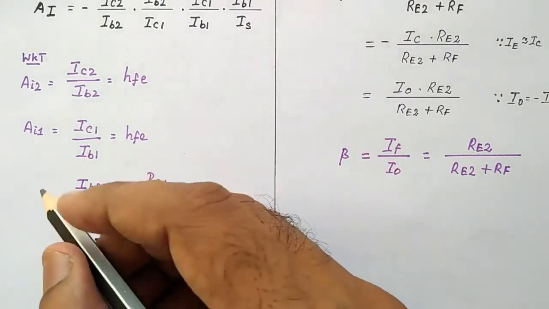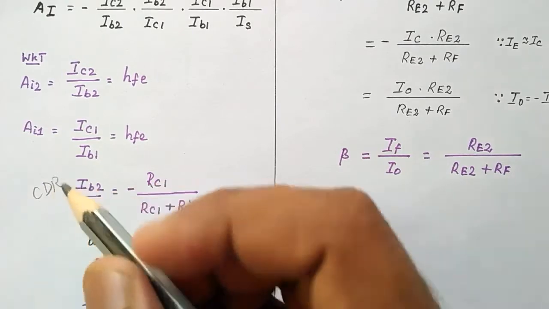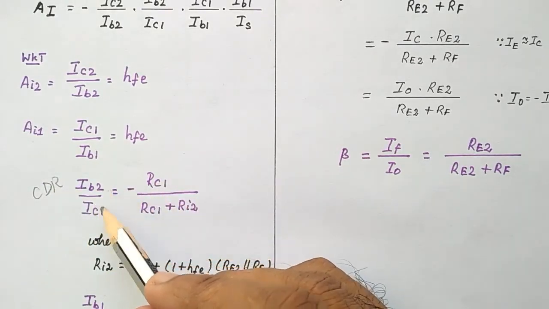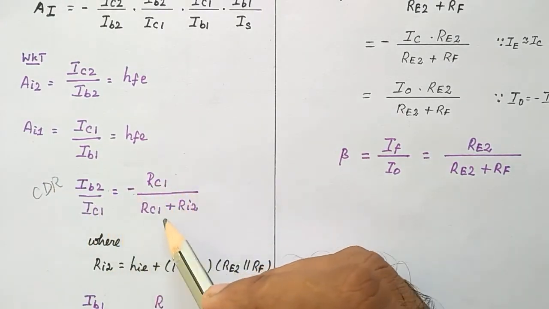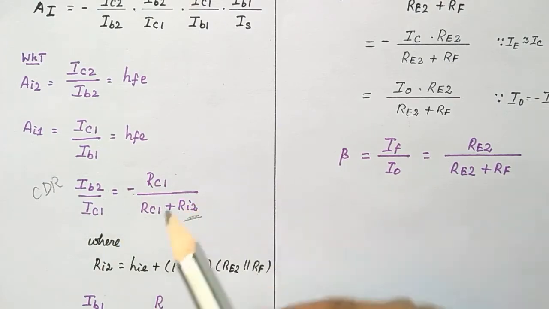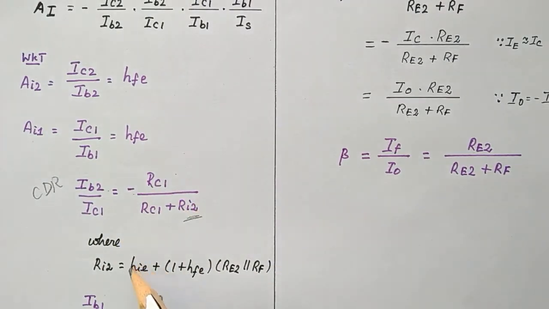So using the current divider rule, we can write IB2 by IC1 is equal to minus RC1 by RC1 plus RI2. So the RI2 is nothing but the internal input resistance of the second transistor, plus 1 plus HFE into the parallel combination of RE2 and RF.